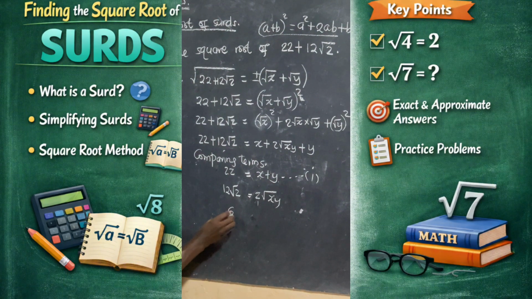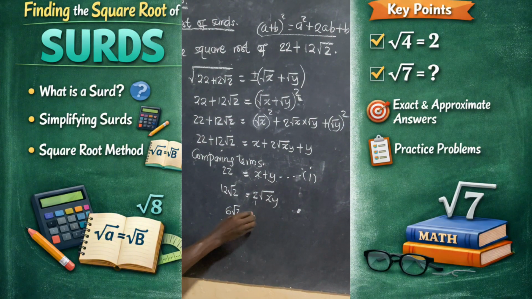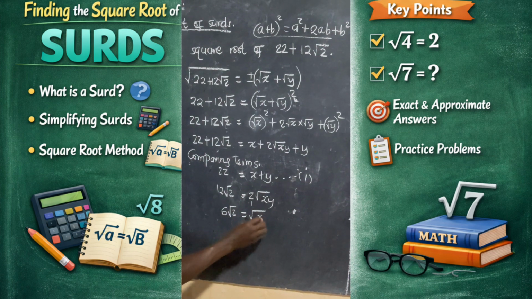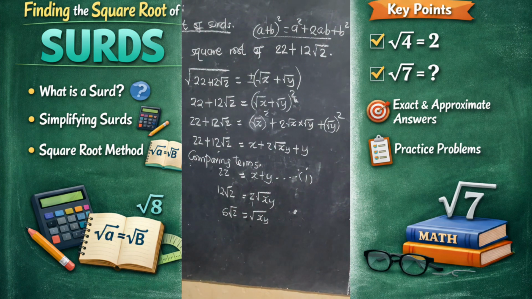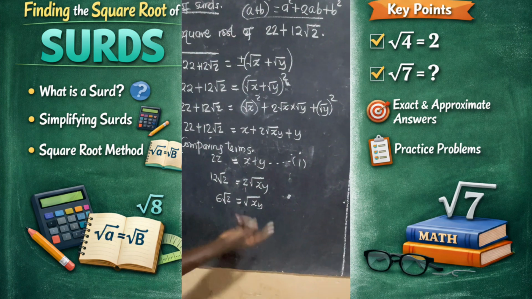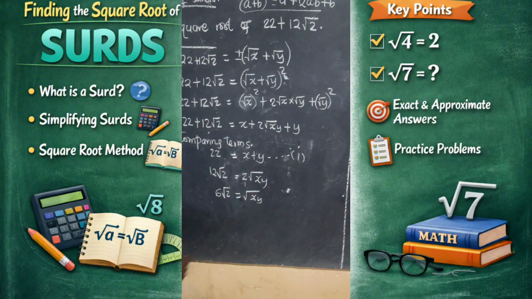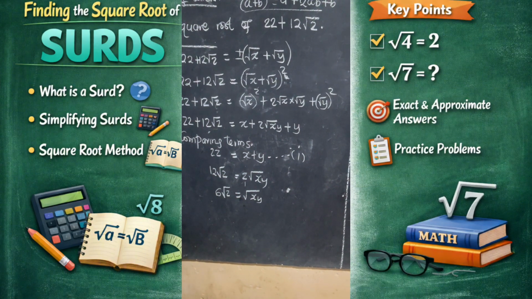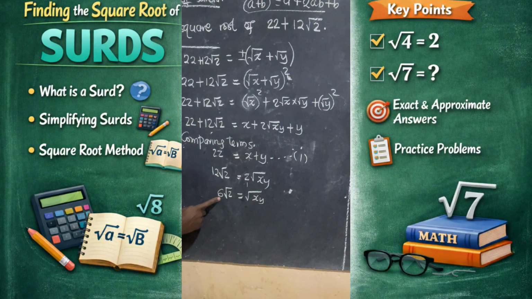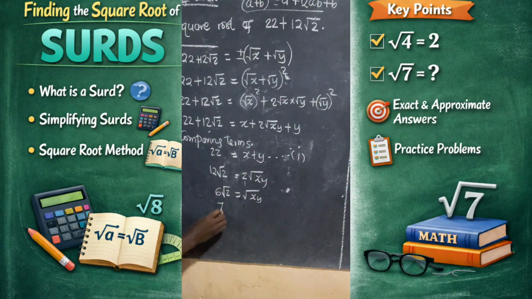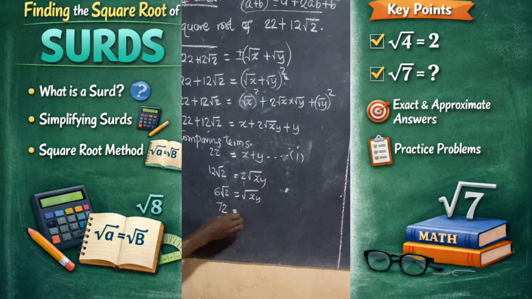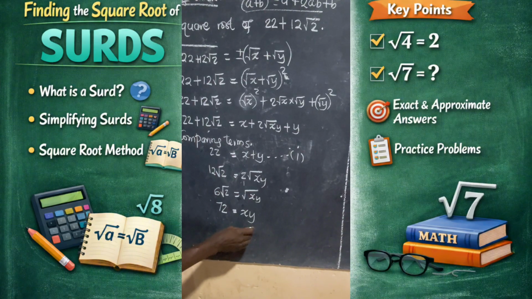So I have 6 root of 2 being equal to root of xy. Then before I call it equation 2, I square both sides such that I eliminate the square root sign. When I square this one here, this becomes 36 times 2, which is 72, is equal to xy.